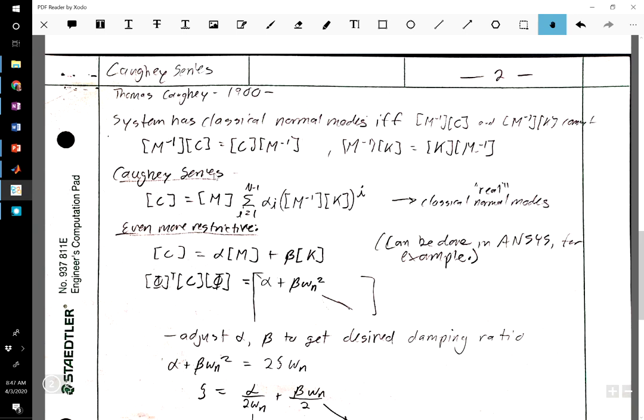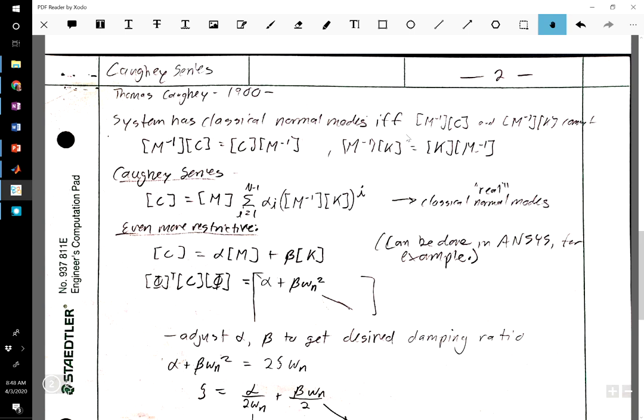So he came up with something called a Caughey series, which says that if the C matrix can be written as the product of M and then this summation of these matrix products, that the system has classical real modes. So these two aren't used all that much, but they are theorems that can be used to come up with a damping matrix.